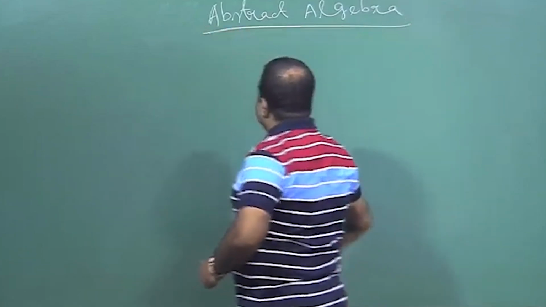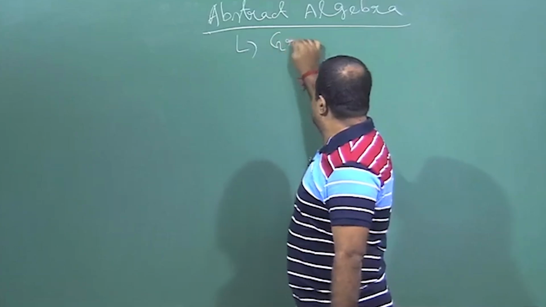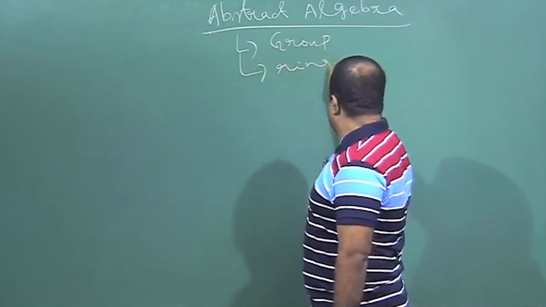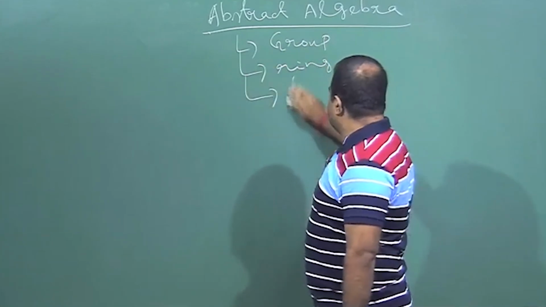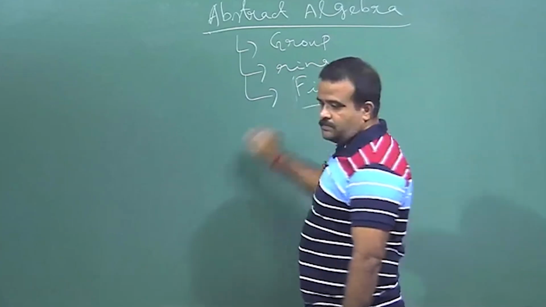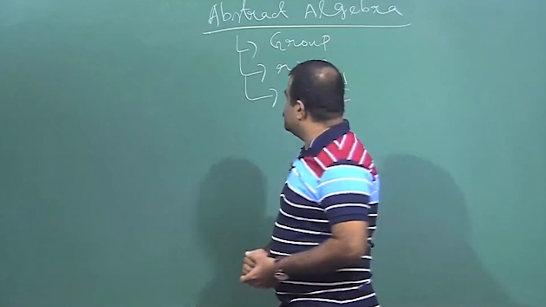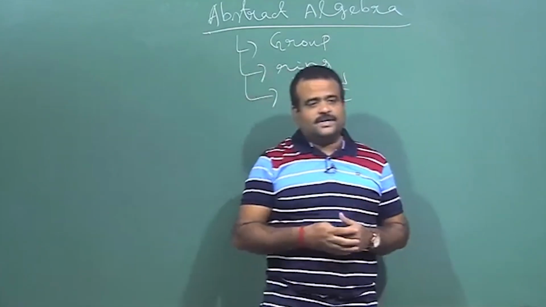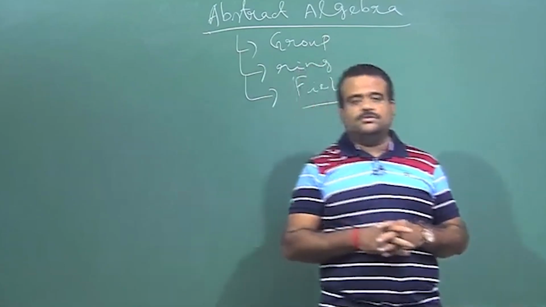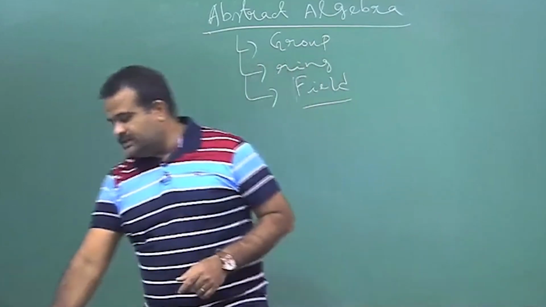So, in this area we will talk about three algebraic structures, namely group, ring, and finally we talk about field. Group, ring, field, and these are basically algebraic structures over a set with one or two operators. So, let us start with the set.